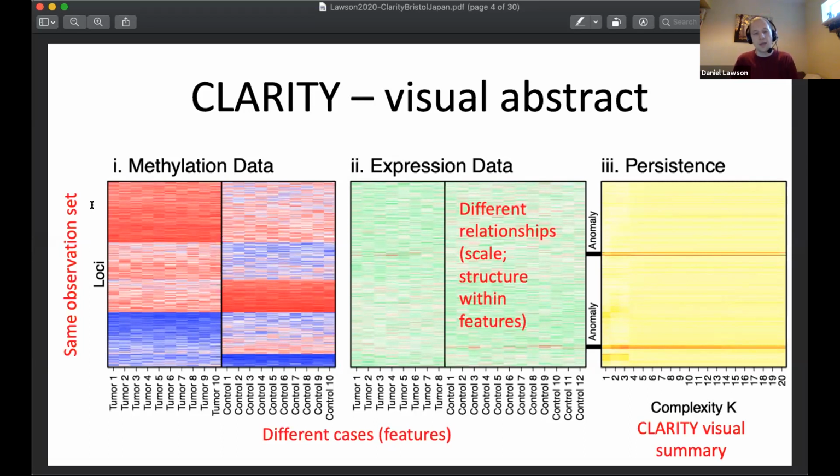We might have observed whether they are methylated. That means prevented from being read by the cell's mechanisms of copying. And we've observed that for a number of different features. Here, people. And those people may or may not be annotated. Here they're annotated by whether they have a tumor or not. And so we would expect to see clustering here, and it's that clustering that we will call the structure.